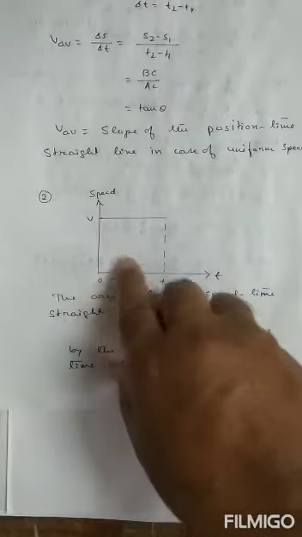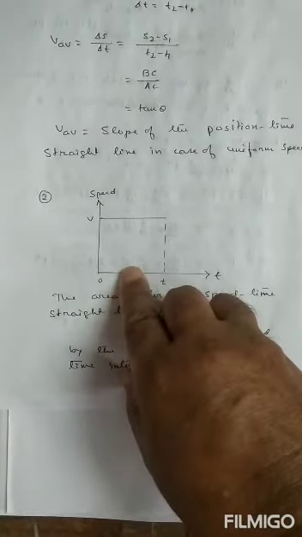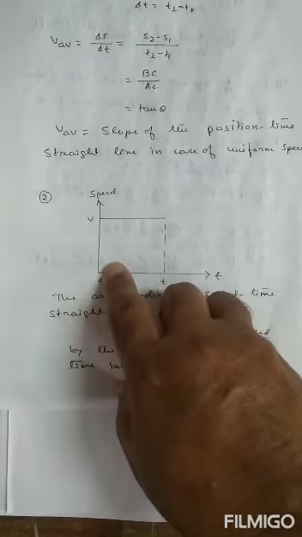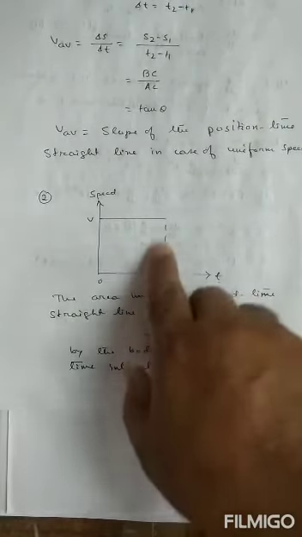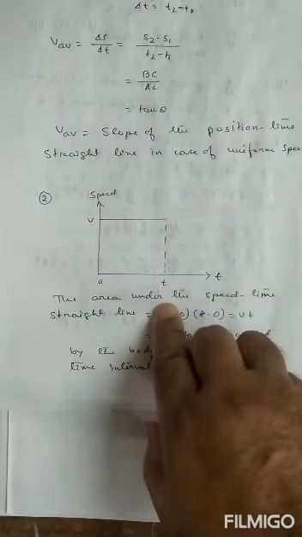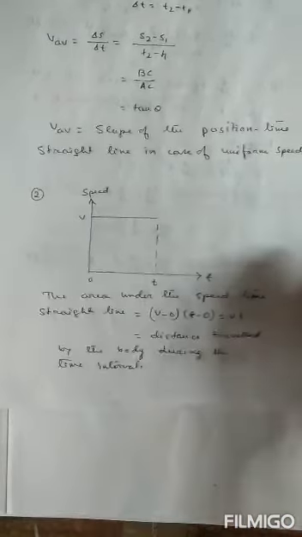Or if we have a speed-time graph for uniform speed, the area under the graph gives us the distance travelled by the body. Okay?